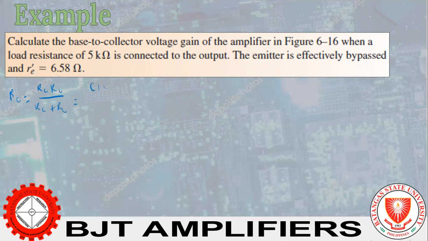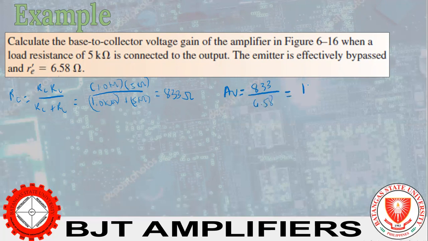So, 1 kilo ohm times 5 kilo ohms over 1 kilo ohm plus 5 kilo ohms. So this would be 833.33 ohms. Okay? So therefore, yung ating magiging AB or voltage gain is 833 ohms over 6.58 or RE prime. And that leads to 127 na voltage gain. Okay?